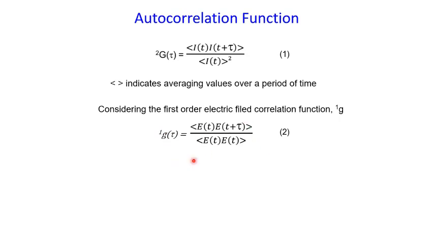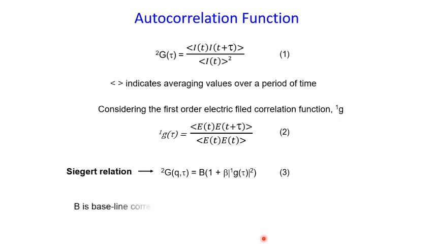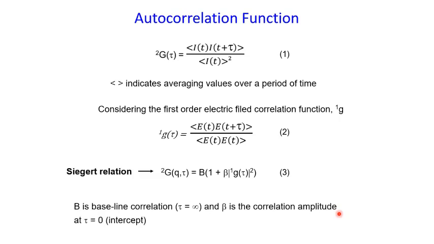Now, using this first order correlation function, the second order correlation function can be written as this, wherein B is the baseline correlation, that means the correlation at time infinity, and beta is the correlation function amplitude at tau equals 0, that means beta is the intercept.